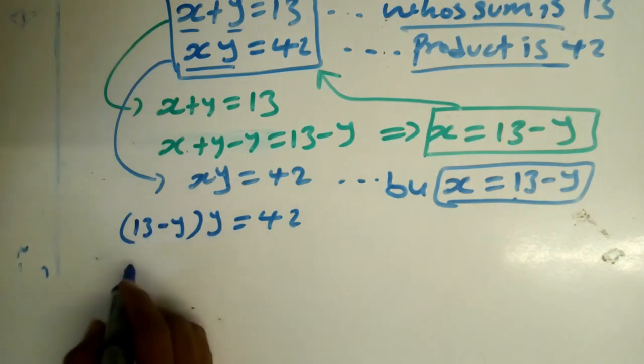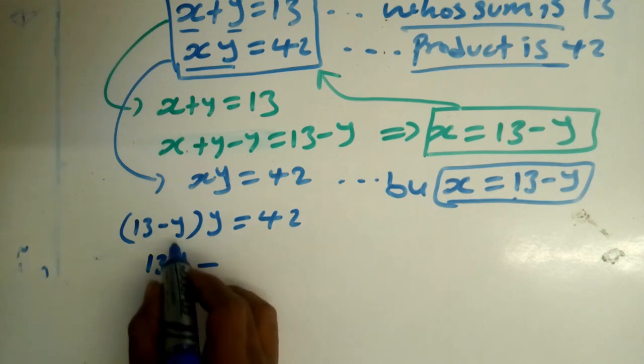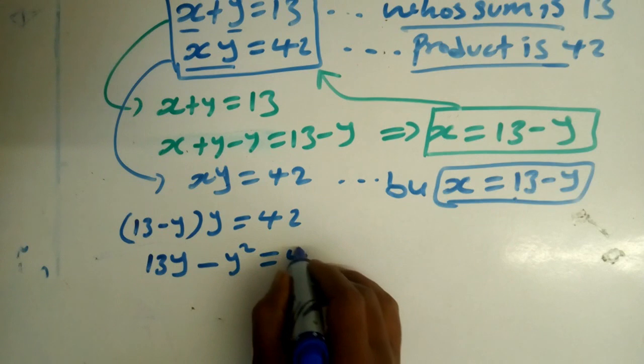Thus 13 times Y is 13Y minus Y times Y is Y square is equal to 42.